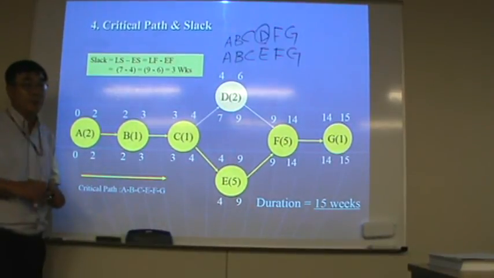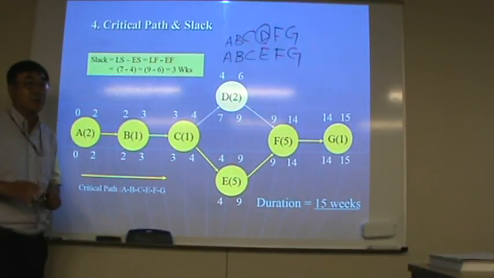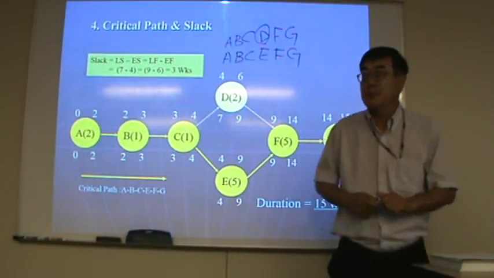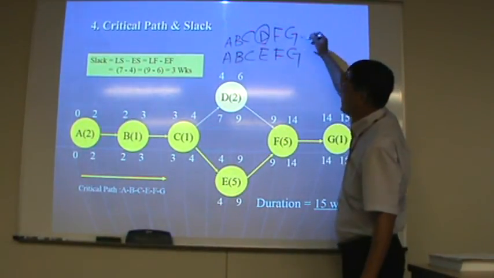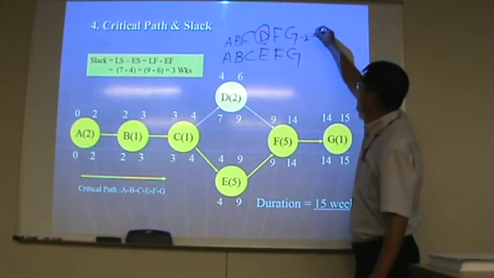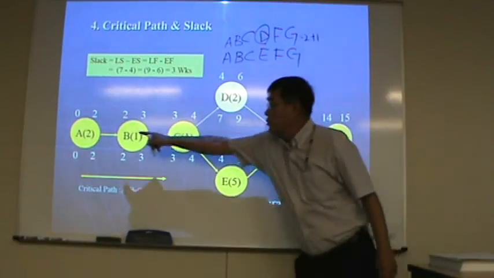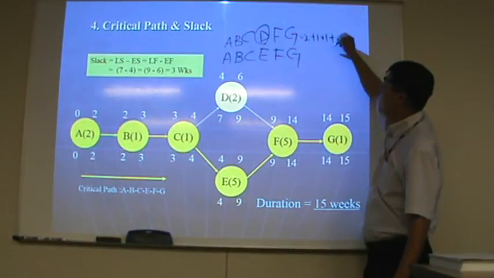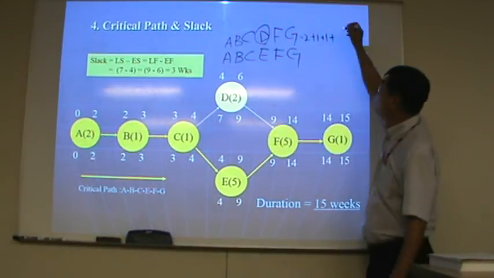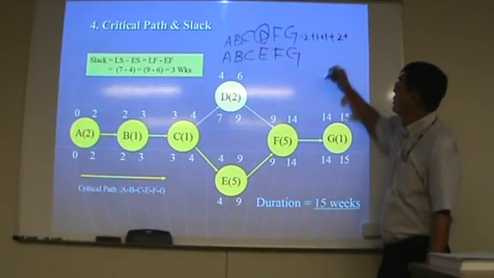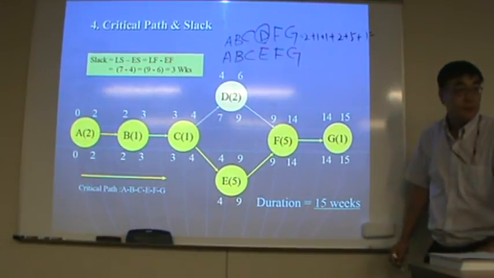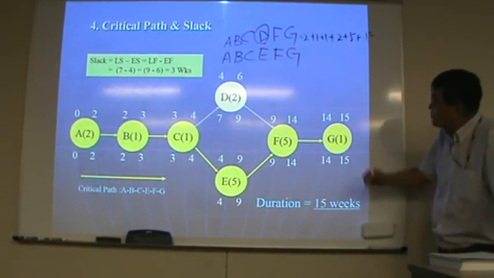The second method to find the critical or non-critical path is adding activity times. First one: 2 plus 1 plus 1 plus 2 plus 5 plus 1 equals 12.